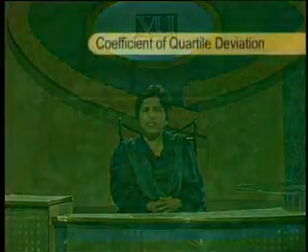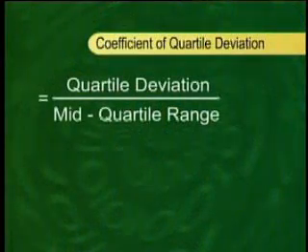What is the relative measure of dispersion relevant to the quartile deviation? Students, it is known as the coefficient of quartile deviation and is expressed as the quartile deviation divided by the mid-quartile range.